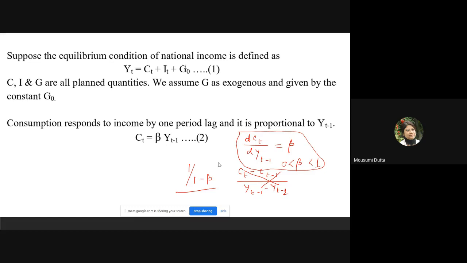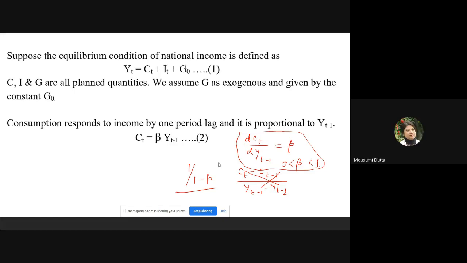Now, if beta is MPC, this is dCt by dYt. Underlying macro modeling is guiding us that the beta value should lie between 0 and 1. That side note I want to mention here. Is this clear to all of you? Yes, ma'am.